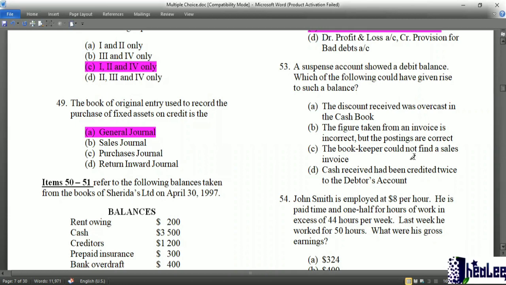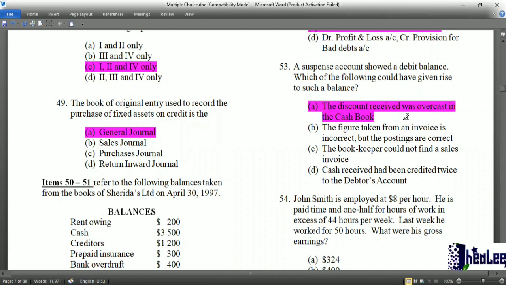From the list of items, it's basically asking you what item would give rise to your credit and have your debit fall below in order for you to have a debit balance in your suspense account. And that is A, the discount received was overcast in the cash book.